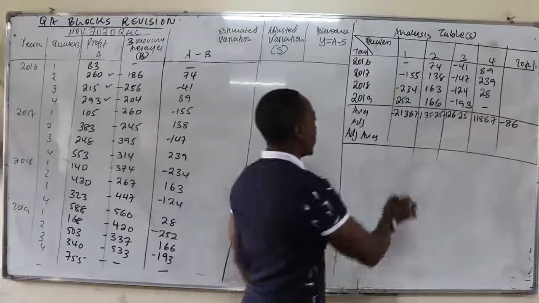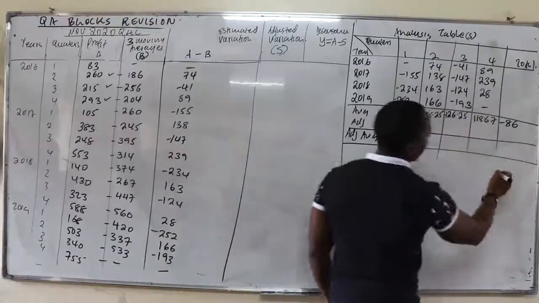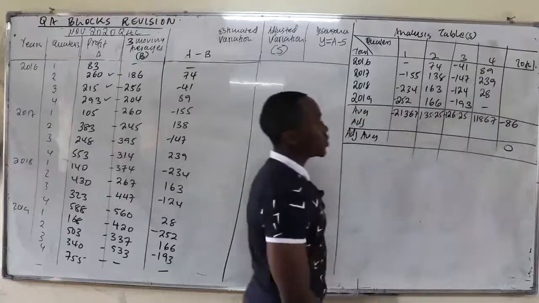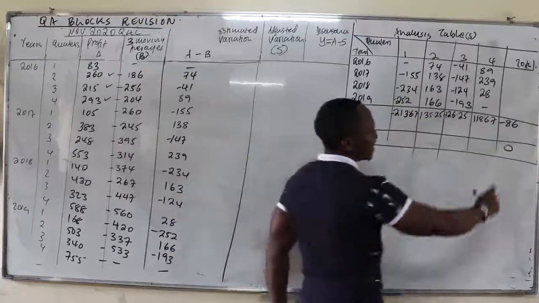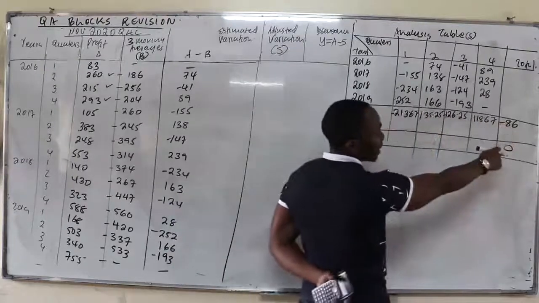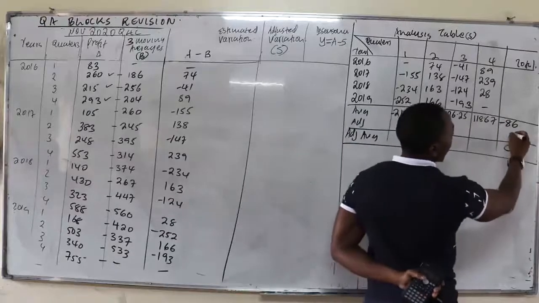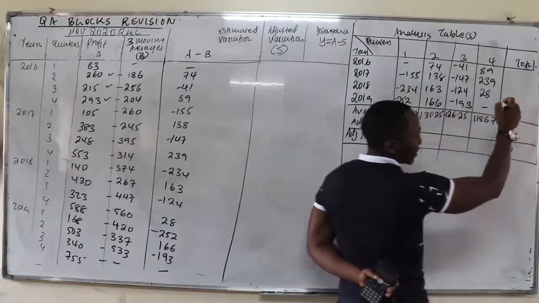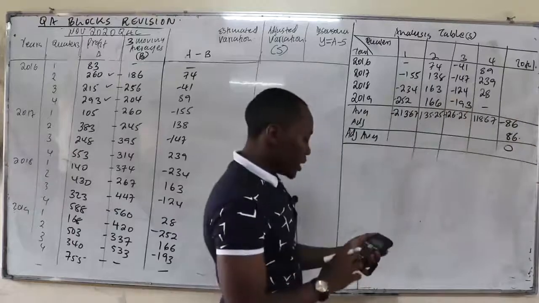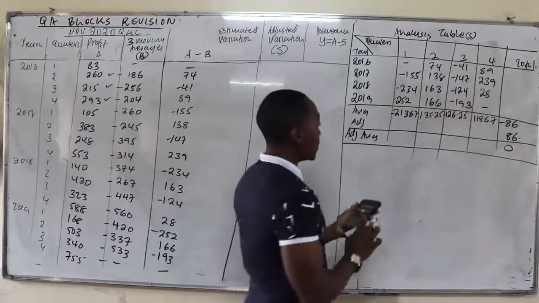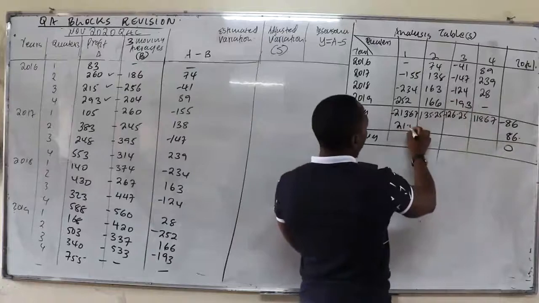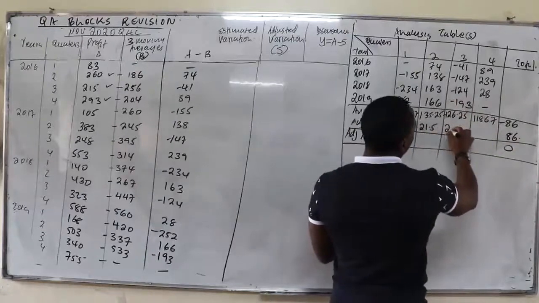But we say that when using additive model, the summation should give you 0. So that means since we have negative 86, we wanted to increase to 0. So that means we have to add back 86. So then you take 86, you divide by 4 so that you spread. So that means you'll be adding 21.5 in each.